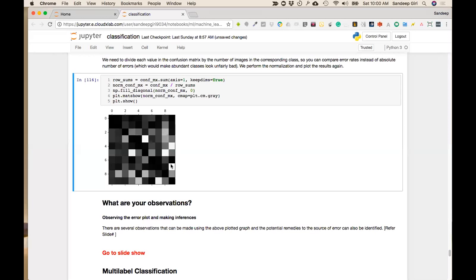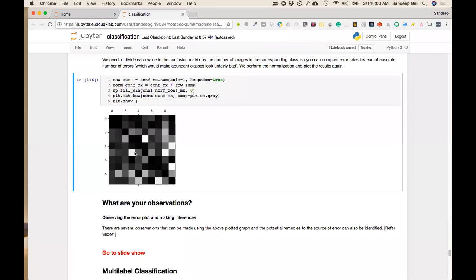Okay. Did anybody observe these ones? Okay. 7 and 9. Yes. This one also looks brighter. It means there are many 7s which are being confused as 9s. Okay. 7s are being confused as 9s, and 9s are being confused as 7s. Very interesting. Here we see that 5 is being confused as 3, and 3 is being confused as 5.